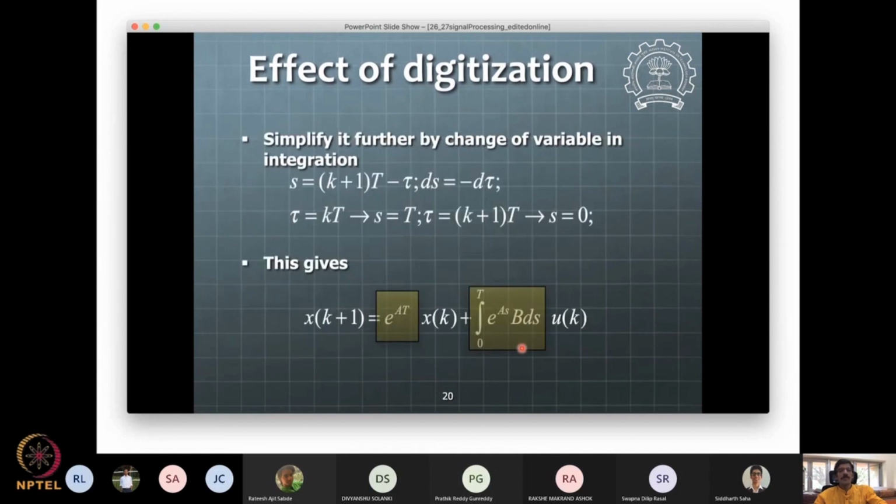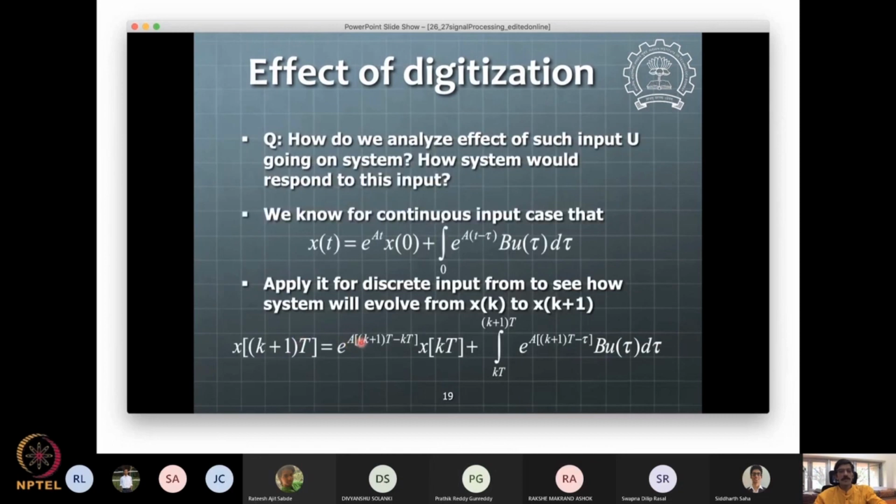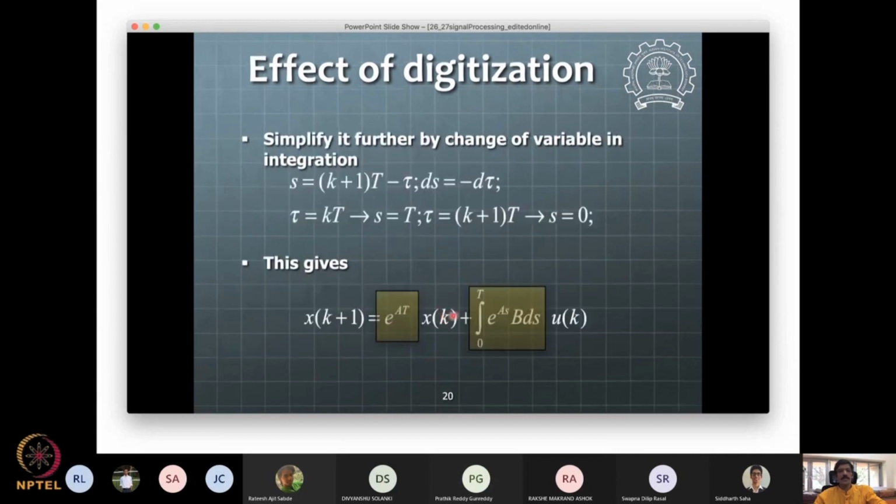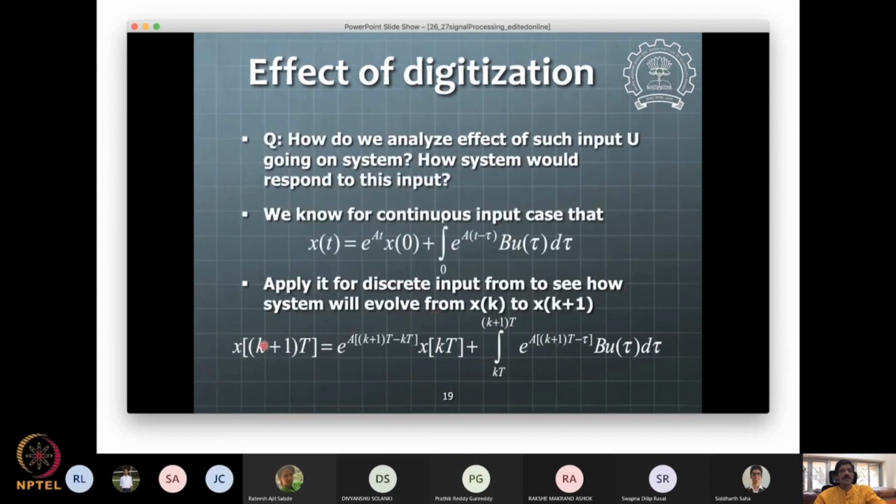So what I'm going to get here is e to the power AT. This is a matrix. If you see (k+1)T minus kT, it is going to give you e to the power AT times x of kT here. Now I'm dropping this capital T to make life a little simpler, so instead of capital T, I will just keep it as k+1.